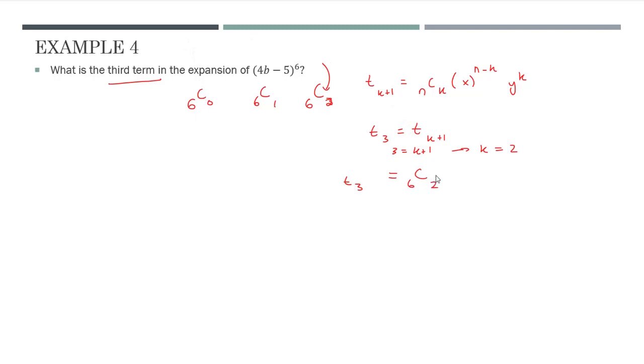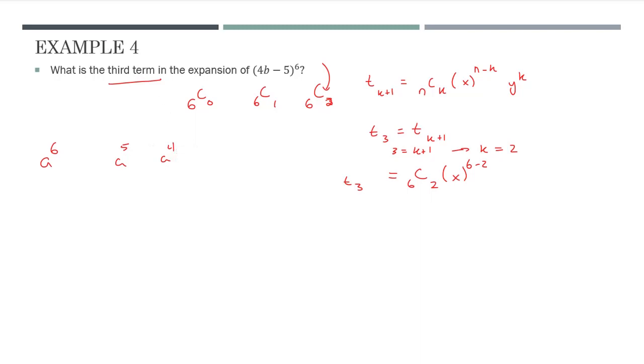Okay, now that we got that out of the way, next, this x part. If you remember, when I'm doing my expansion, we usually have that pattern where it goes a to the power of 4, and the next term is a to the power of 3, then a to the power of 2, and so on. So the a value is always going down. Here, our n is part of this combination, so it's 6, minus the k part, which is 2. This makes sense: if I start at a to the power of 6, then I go down to 5, and then down to 4.